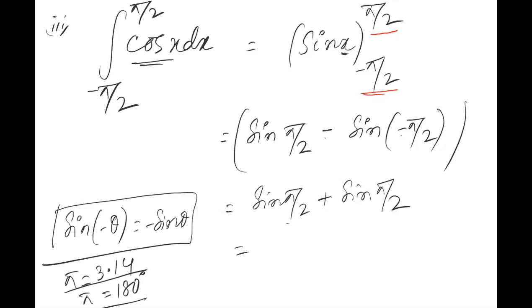Is it clear to all? Yes, sir. So 180 by 2 becomes 90. So this is nothing but sine 90 plus sine 90. Sine 90 is 1, so 1 plus 1, the answer will be 2. This will be your final answer. Did you understand? Yes, sir. Just note it down so that I can move to the last question.